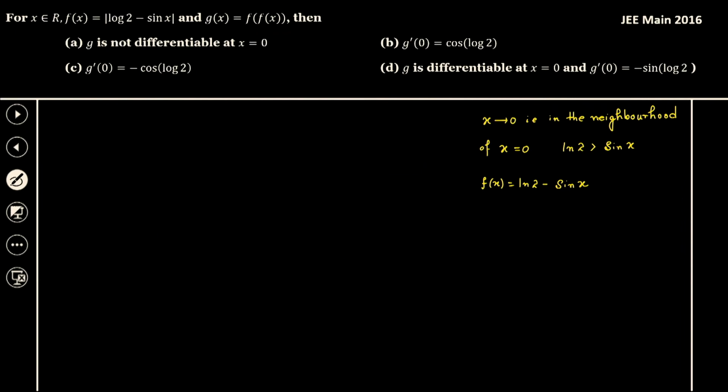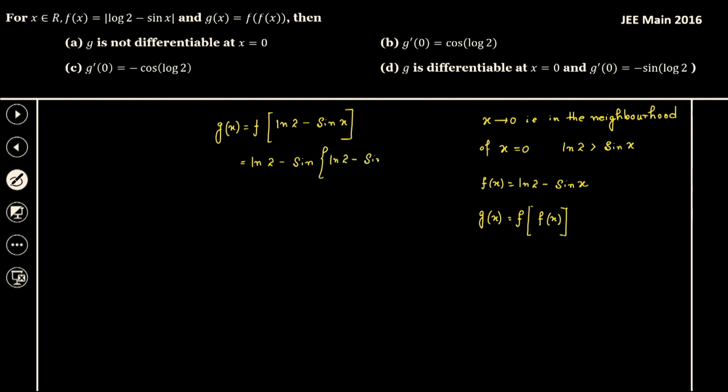Now we are looking for the function g of x, that is, a function of f(x). So what is my function g(x)? We can say g(x) is equal to the function of ln 2 minus sin x, and that gives you ln 2 minus sin of ln 2 minus sin x.